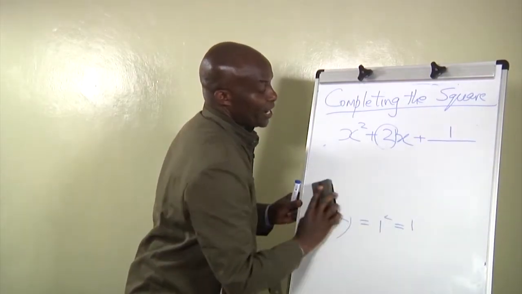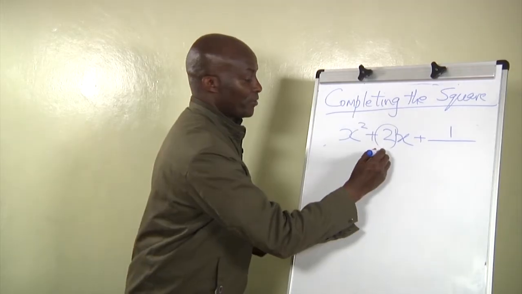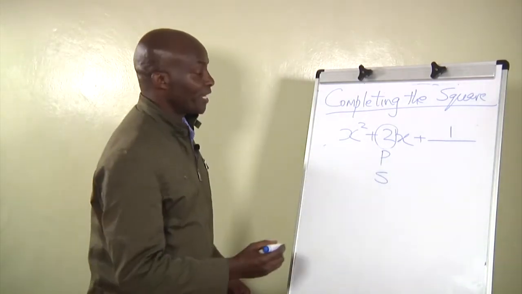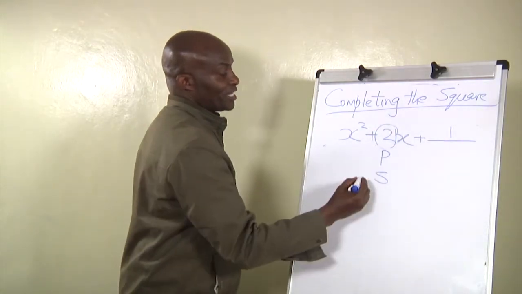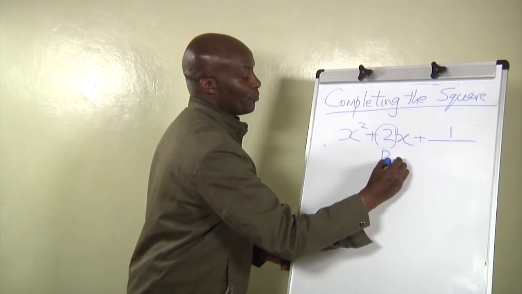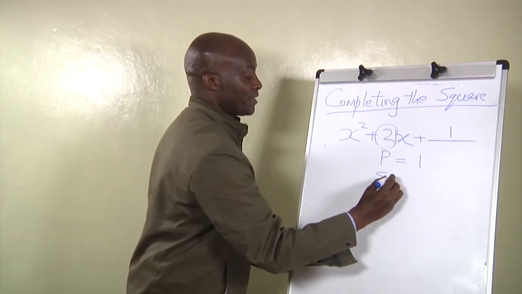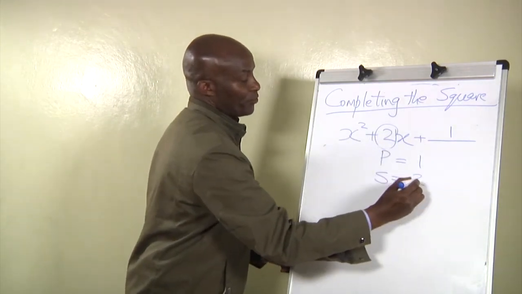And what is it a square of? Remember what we said, product and sum. We need to factorize this. So using the method of product and sum, the product will be 1, the sum will be the coefficient of the middle term, which is 2.